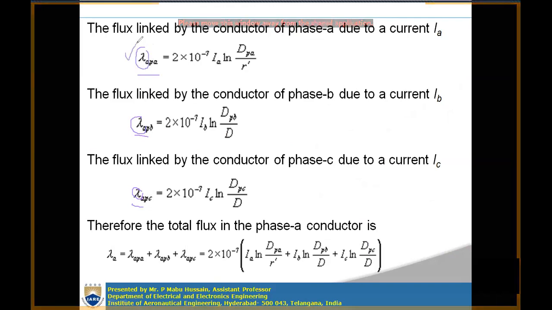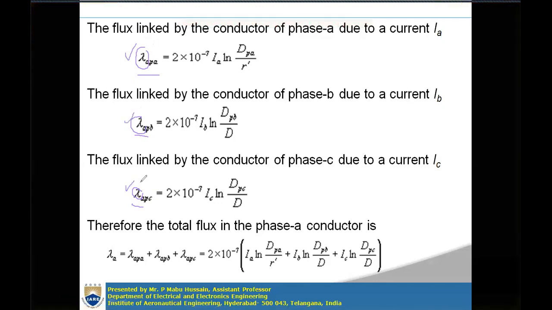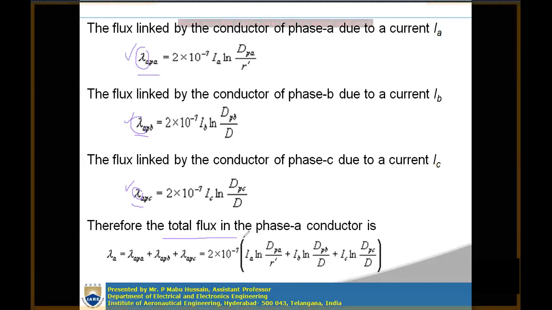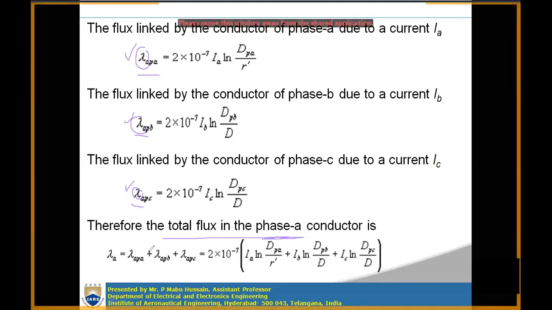This one is due to current IA, this one is due to current IB, and this one is due to current IC. Then the total flux linkages of phase conductor A can be written as the sum of all these three.